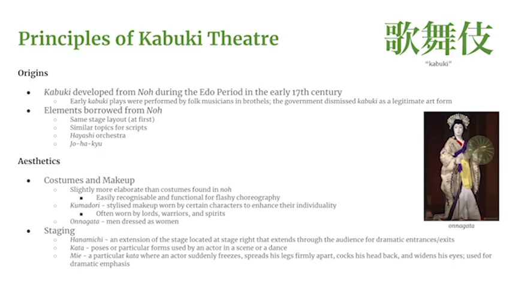Another important aspect of staging in kabuki is kata, which are particular poses or forms used by an actor to express certain emotions, convey certain characteristics of a character, or even just do physical acting in a particular moment.